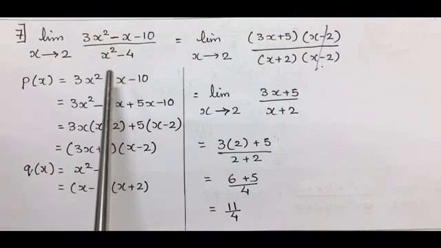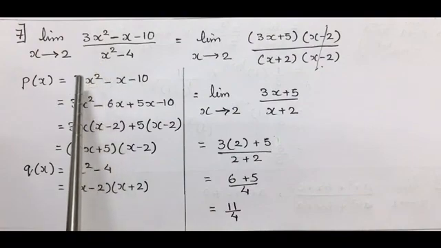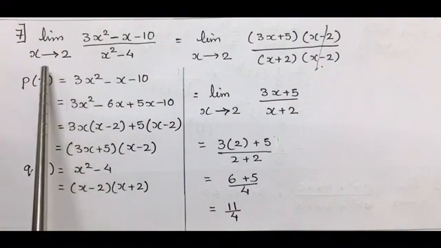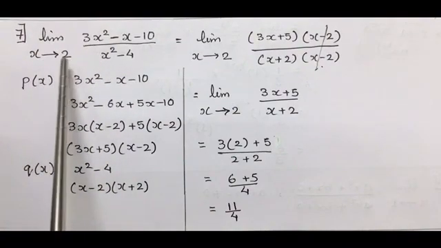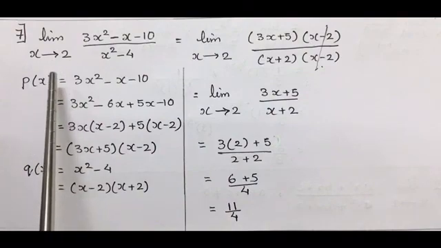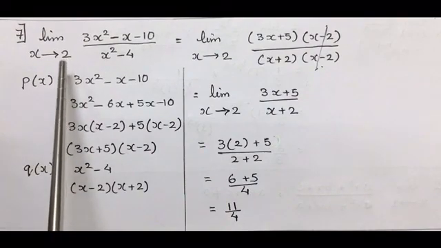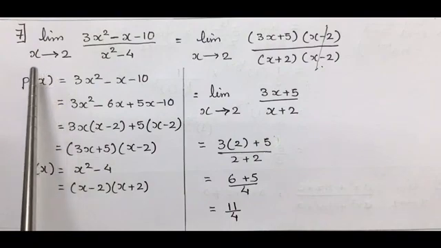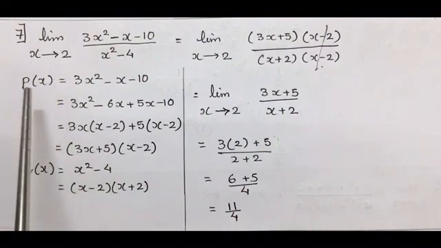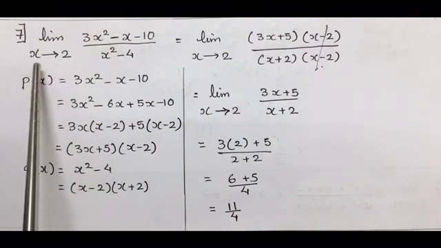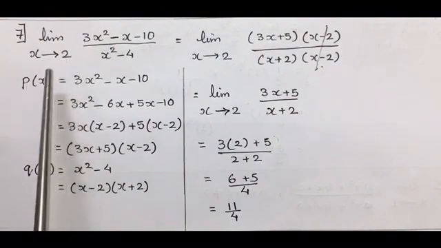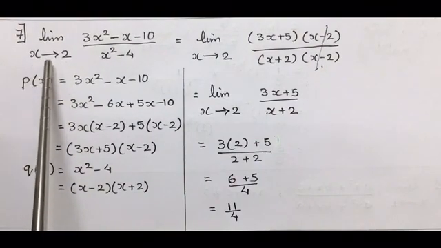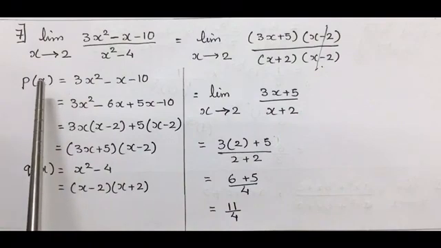So for that, we have to cancel the factor x minus 2. Now if x tends to 2 is given, that means x minus 2 should be cancelled. If x tends to minus 2 is given, then x plus 2 is to be cancelled.